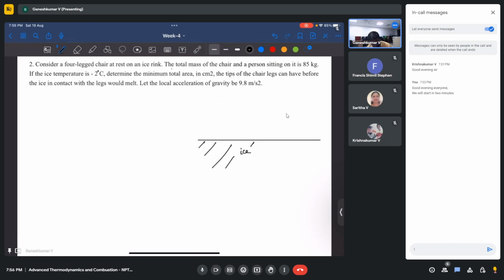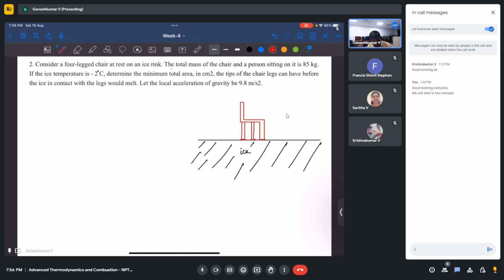So this is the ice, right? There is a chair over here. This is a chair, and there are these places where the ice is exposed to the chair, right?